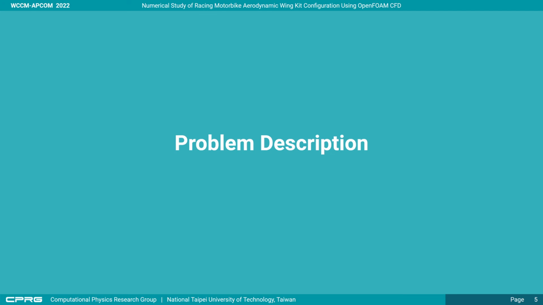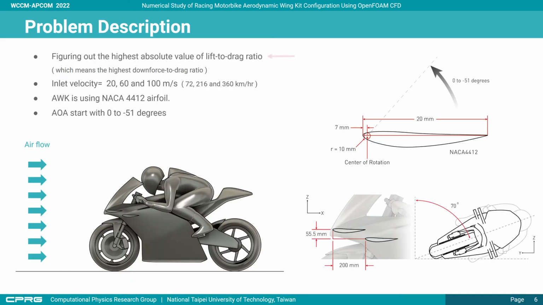Problem description. The overall study aims to figure out the highest absolute value of lift-to-drag ratio of aerodynamic wing kit, which means the highest downforce to drag ratio. Refer to the condition of racing, the inlet velocity of x direction was set to simulate the wind speed of 20 meters per second, 60 meters per second, and 100 meters per second.